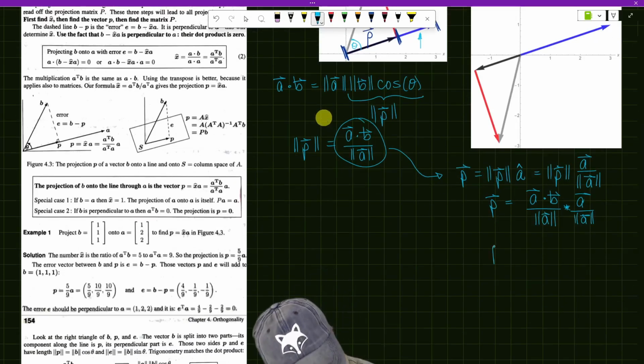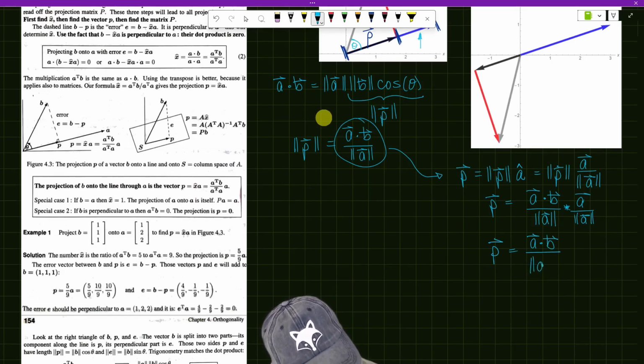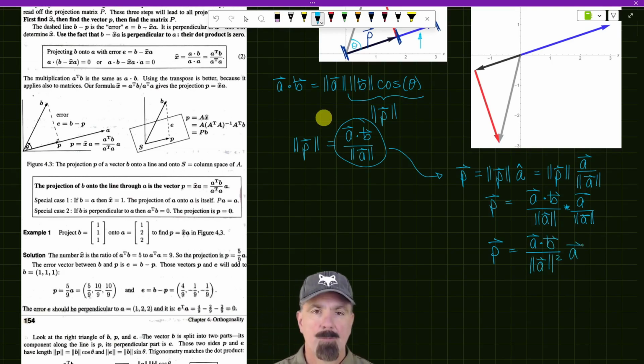So this projection vector, the vector P, is equal to A dot B divided by the magnitude of A squared times the A vector.